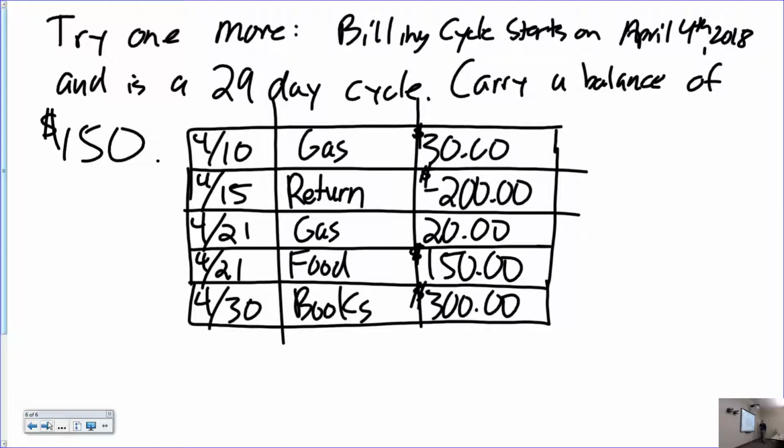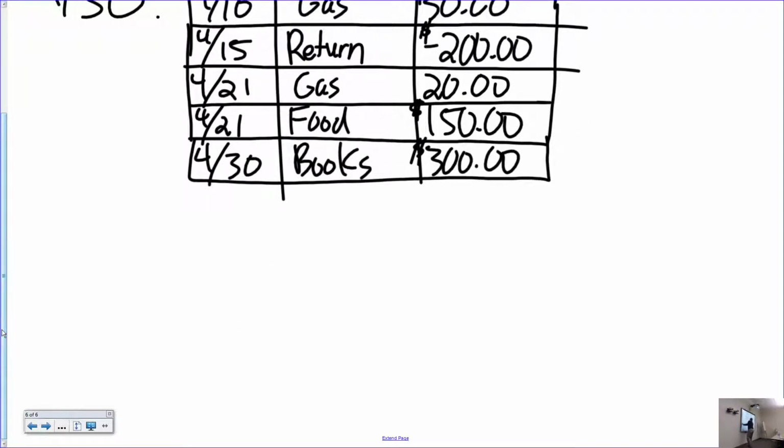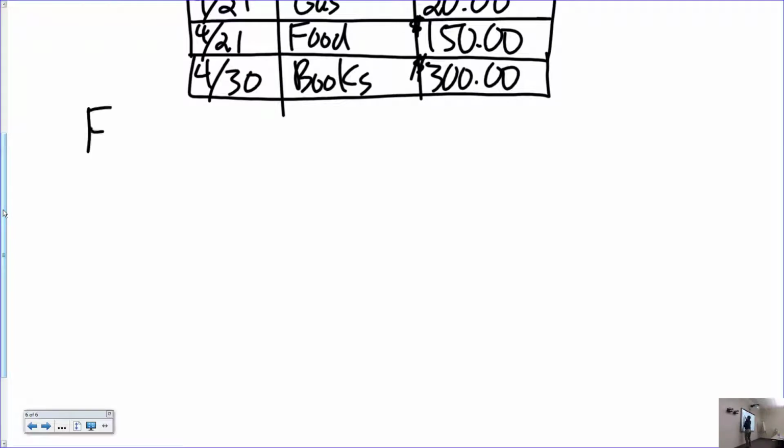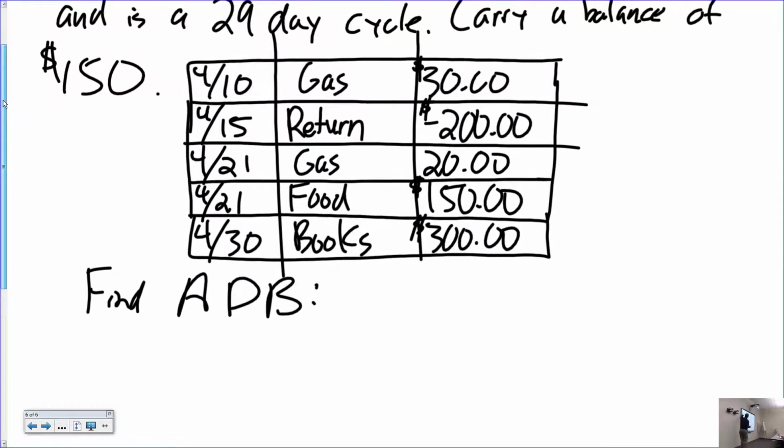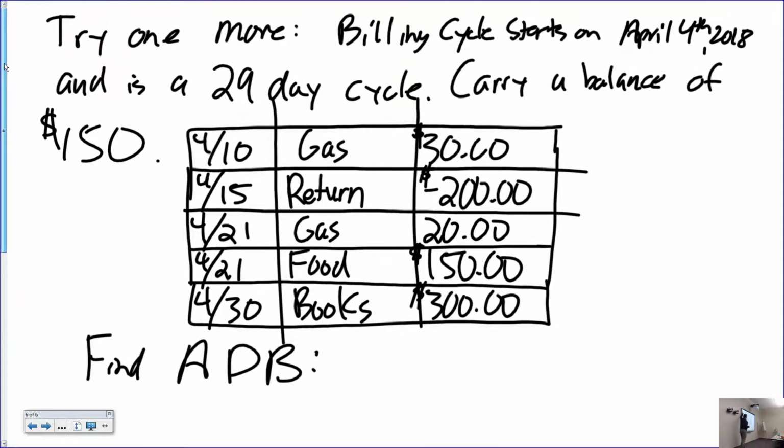All right, so now let's find the ADB. This one's a little bit more interesting. So again, this is how you want to start the same way, right? What's my very first number? 150, because I carried a balance over. I don't get to start with 0 this time, right?